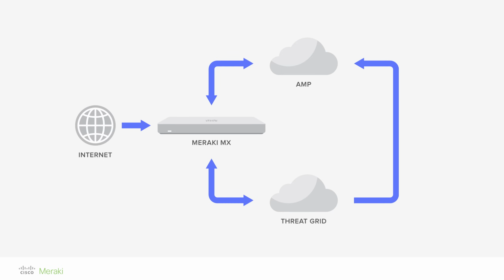I guess it's really important for all of us to understand how AMP actually works, because there is a new feature that we're working on, a new service that is going to be available soon on the MXs, which is the integration with ThreatGrid from AMP. So if you look into the MXs, they get all the signatures and all the updates from the Cisco AMP Cloud. Cisco AMP has two offerings.